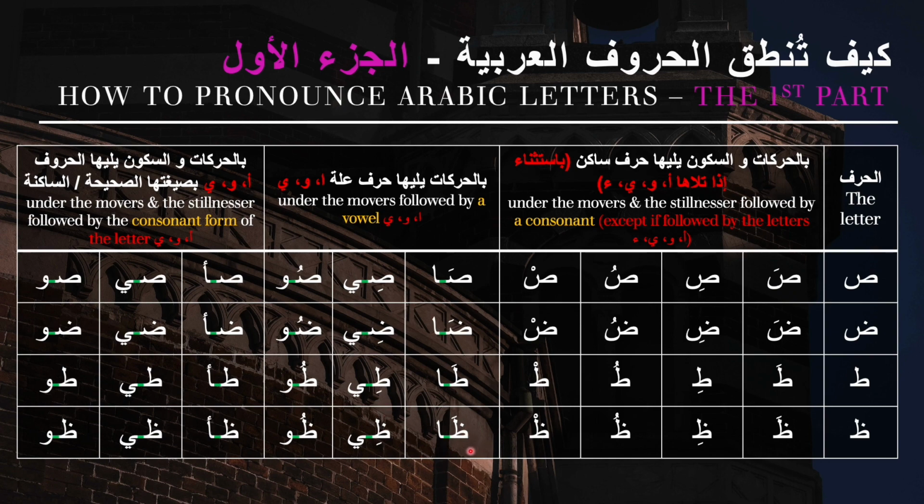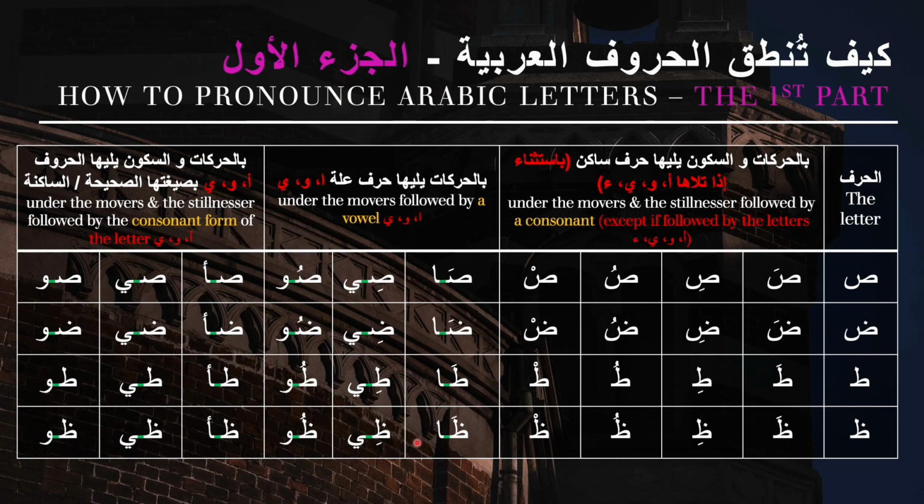You never see kasra with a mad or with the vowel letter alif. So you will never see da like that. It cannot work in Arabic this way. If there is the vowel letter, always with alif we have fatha, with the vowel ya we have the letter with kasra, and when we have waw it will come with the mover dhamma.